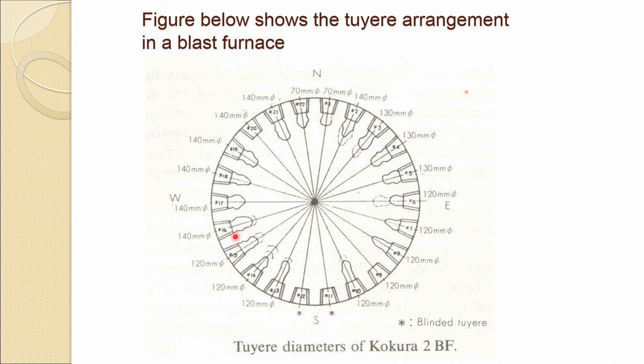So, this is the one we talked about in the previous slide, that liquid and slag flow between the interspacing of the tuyeres.